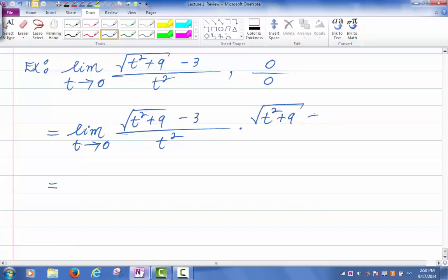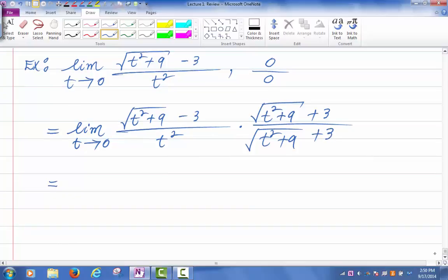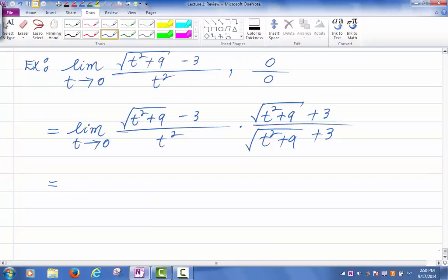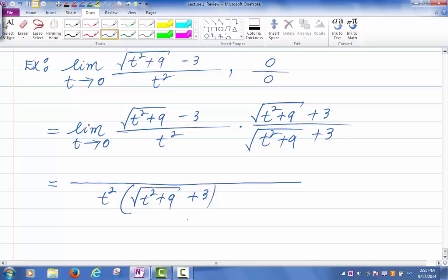It's going to be this plus 3, divided by this plus 3. And I am going to do the harder part, which is you multiply the denominators, and I'll let you do the multiplication of the numerator. So in the denominator, when I multiply, what I get is this. That's a lot of work, so I leave it there.